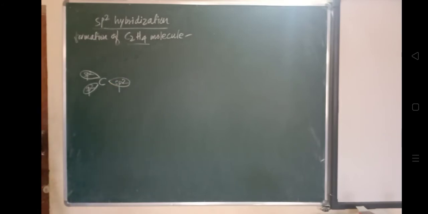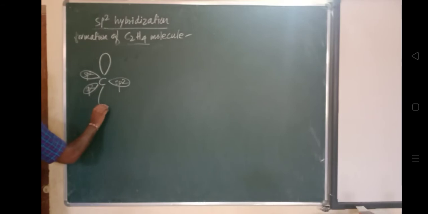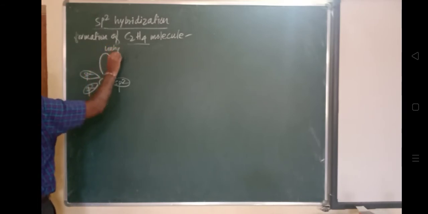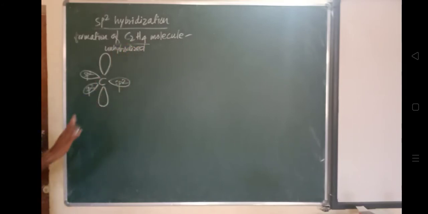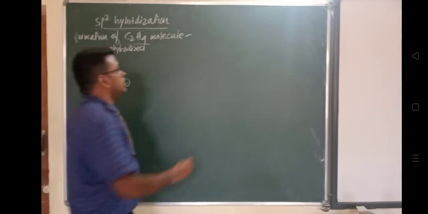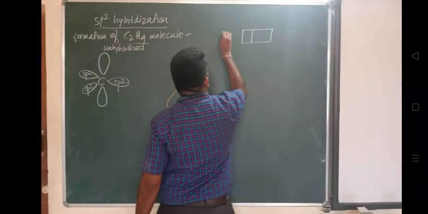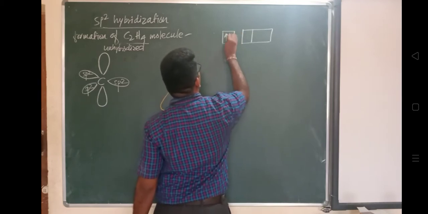This is s, suppose this is px, and this is py, and this is the unhybridized orbital. So one unhybridized orbital remains, and this is sp2 hybridization in the case of carbon. This is the diagram for one carbon atom, but there are a total of two carbon atoms.